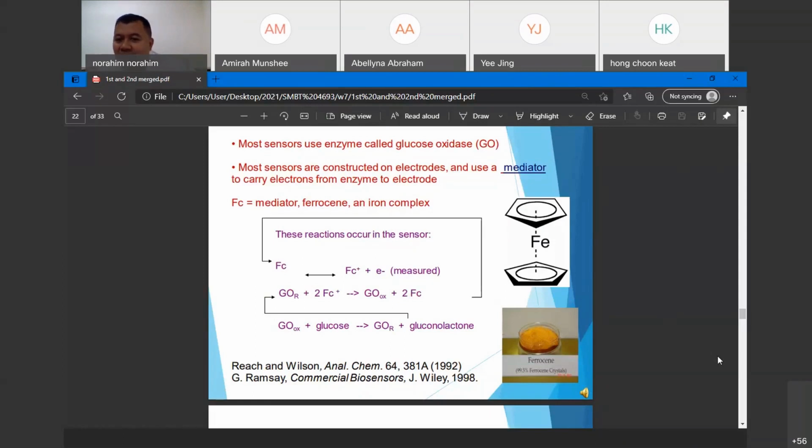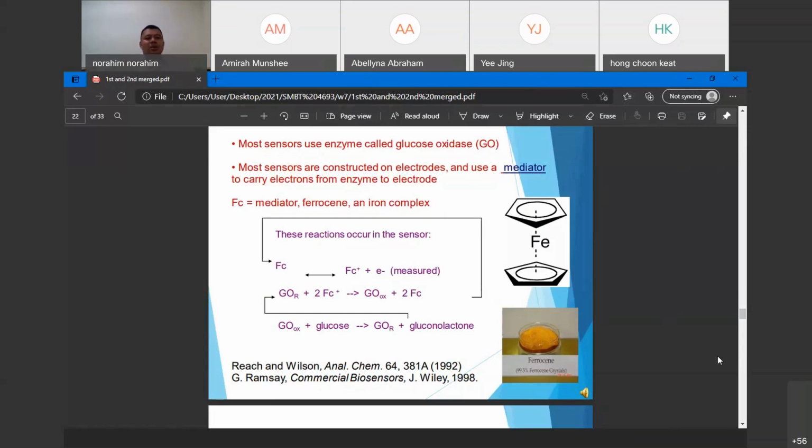So apa sebenarnya kita nak hasilkan bila kita gunakan oxidase ni, glucose oxidase? Dia spesifik ke? Saya tak sure. Enzim ni adakah boleh, let's say you ada maltose, you ada galactose, boleh tak glucose oxidase ni jadi catalyst in your reaction? I think it's only glucose. Dia akan target pada glucose. Okay.